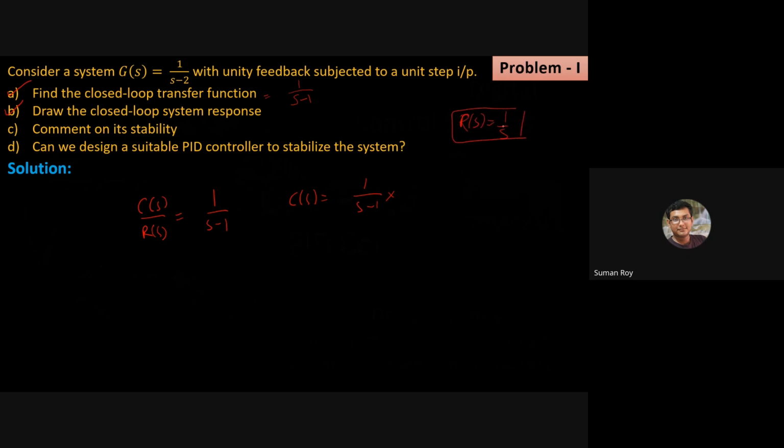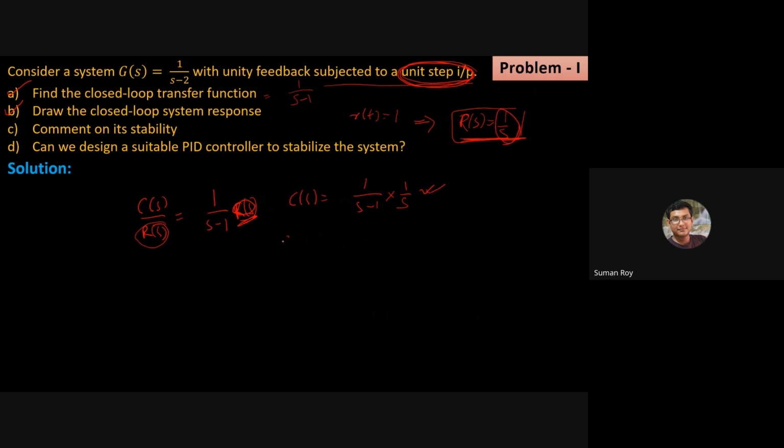Why? Because as you can see here, it is subjected to a unit step. So for the unit step function, r(t) equal to 1 and R(s) equal to 1 by s. So R(s) is equal to 1 by s, and we can write this, right?